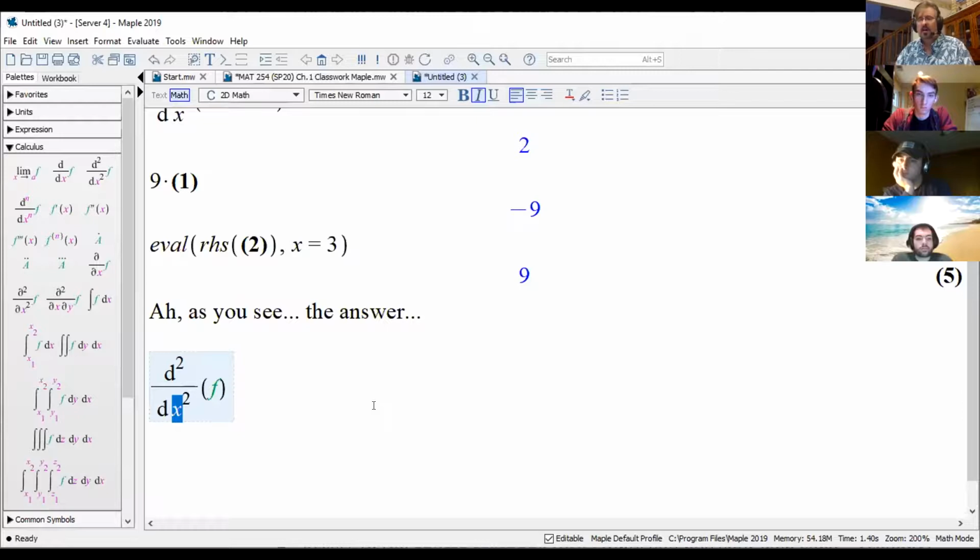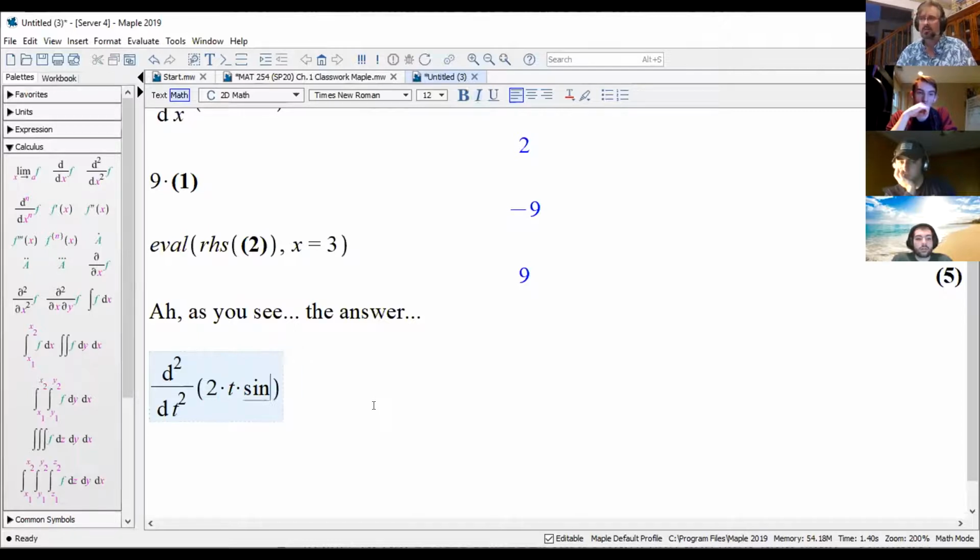And again, when you use the palette, you'll have to fill in some blanks, and you just fill it in, and then to jump to the next one, just hit tab and you jump right to the next one. So all I want to do is take the second derivative with respect to t of, and now I can type all that stuff in, the right-hand side of it. I'm not going to do all of it, but I'll do 2 times t times the sine of t.